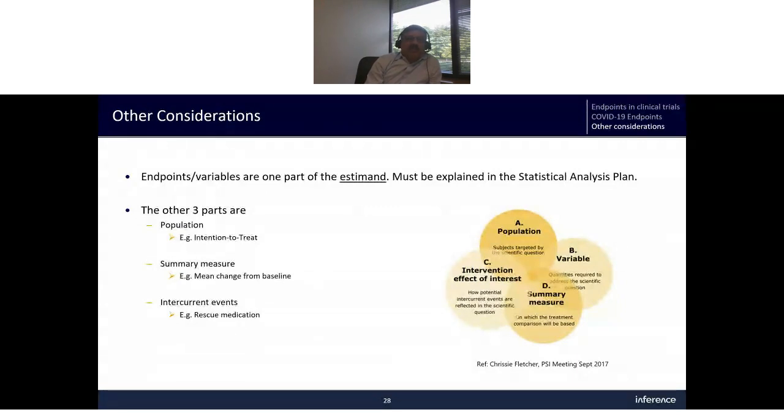Are we looking at median time to survival? Whatever it is, we have to put that measure in the endpoint itself when we talk about the analysis, the hypothesis test, etc. And then there are intercurrent events. What happens when different things are happening to the patient? How do you handle that? That has to be also made clear. So this is an interesting concept, and all protocols should have a sense of the estimand. If not the protocol, at least in the statistical analysis plan, this must be there.